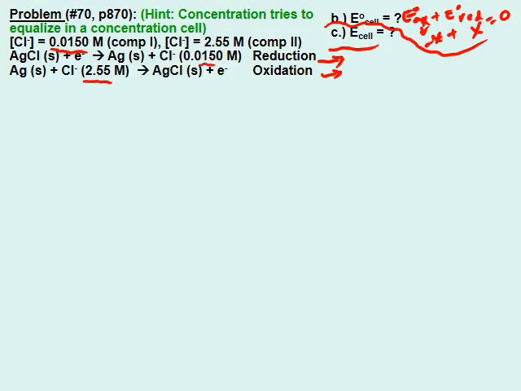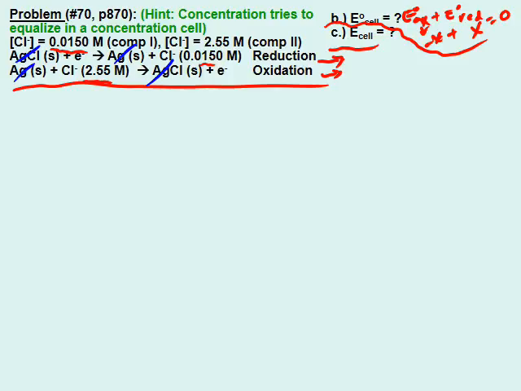So let's add them up to find out what is the overall reaction we get. I'm going to use a different pen. Cl minus, you can see here, silver on one side cancels with silver on the other side. Silver chloride solid, just like in algebra, once you have the same thing on the right side and left side, you can cancel out or subtract.